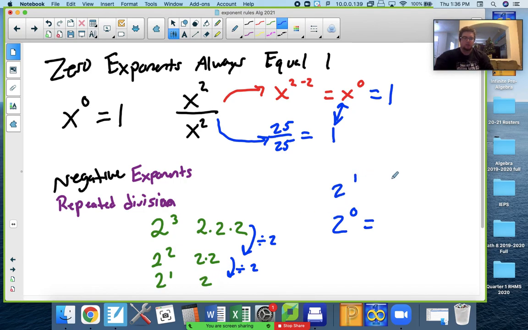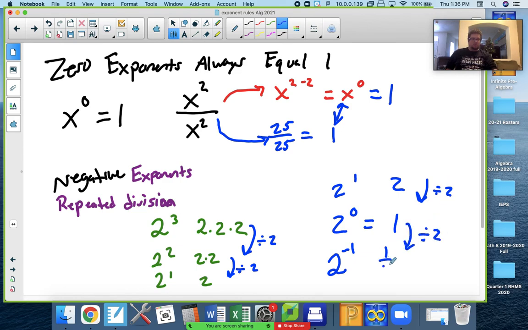So let's put it up here. And that's why we get 1. Continuing into our negatives, we're dividing by 2, and we end up getting 1/2.